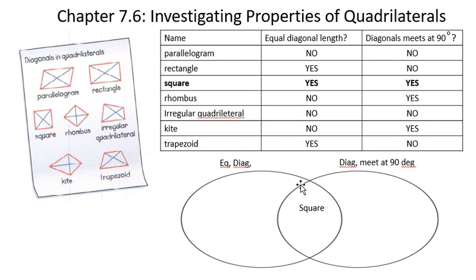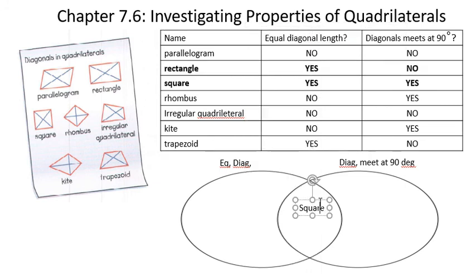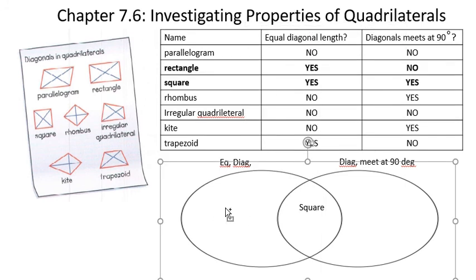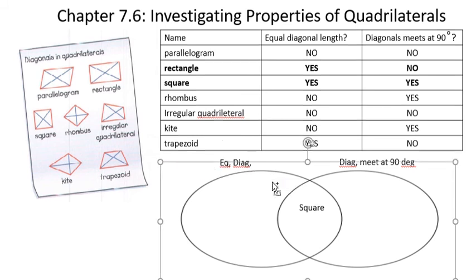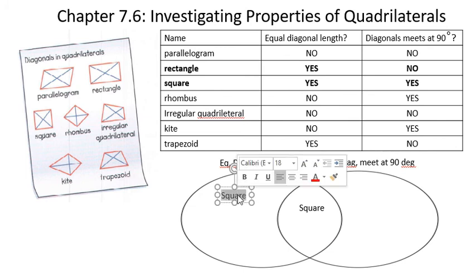Let's look for any of the quadrilaterals that have equal diagonals but don't meet at 90 degrees. The rectangle has equal diagonals but not at 90 degrees. I'll highlight this so that I don't use it again, and I'll call this rectangle.